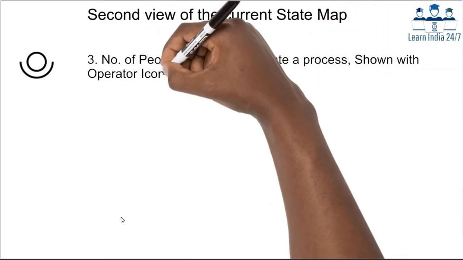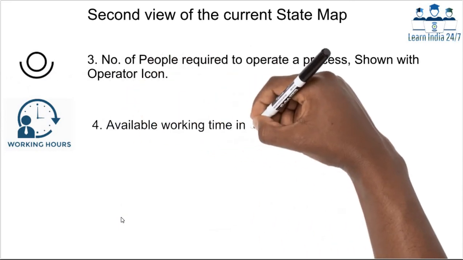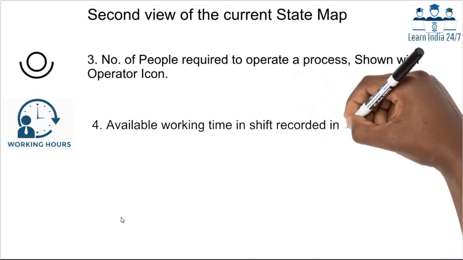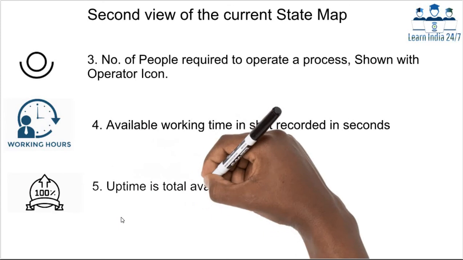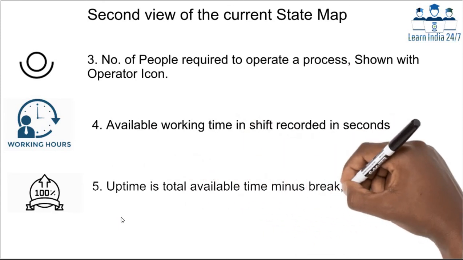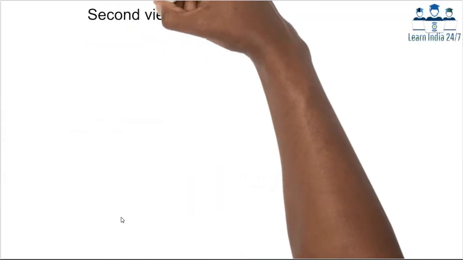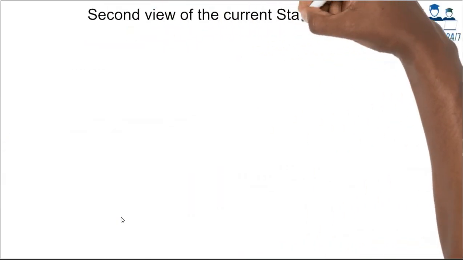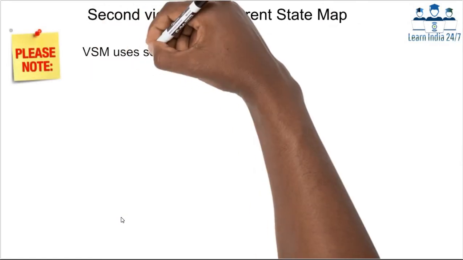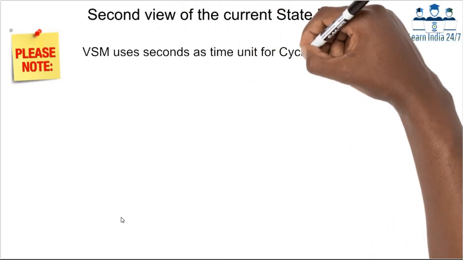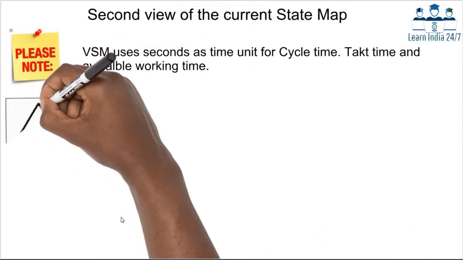The number of people required to operate a process is shown with an operator icon. Available working time in a shift is recorded in seconds. Uptime is total available time minus break, meeting, cleanup and changeover. In VSM, it is advisable to use cycle time, takt time and available working time in terms of seconds.